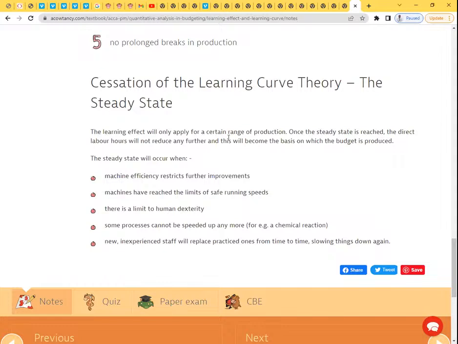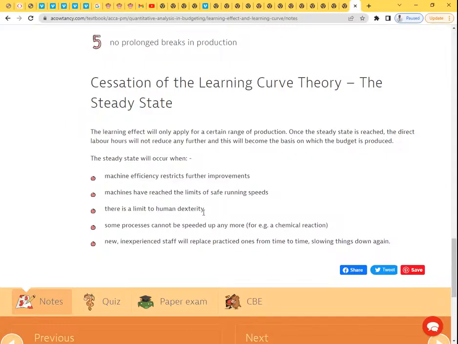Then automatically it means that even the human beings cannot continue making further improvements. So there is a limit to human dexterity. Remember, dexterity is the skill you have, especially when you are producing things manually.